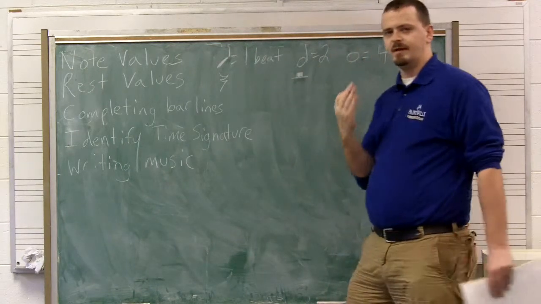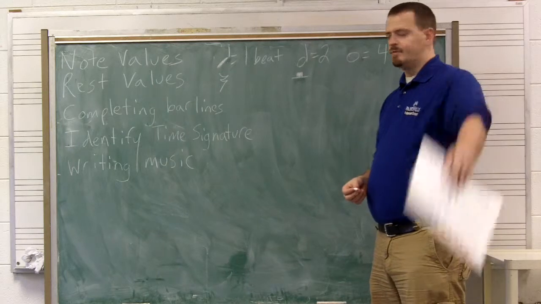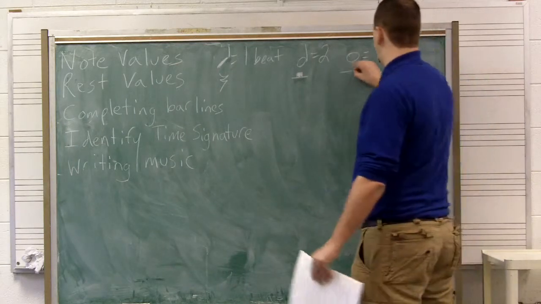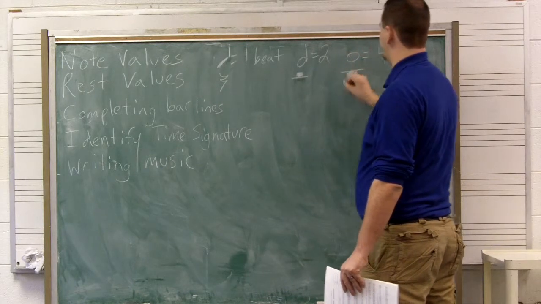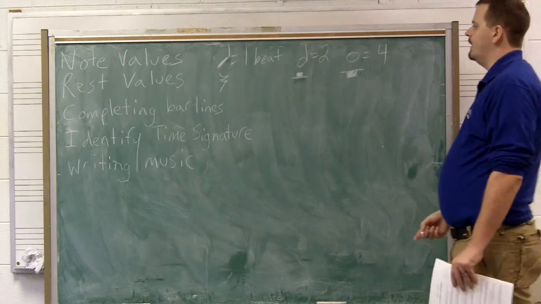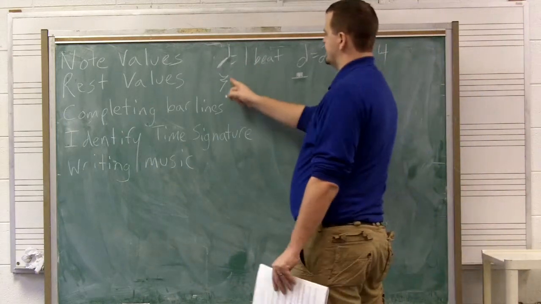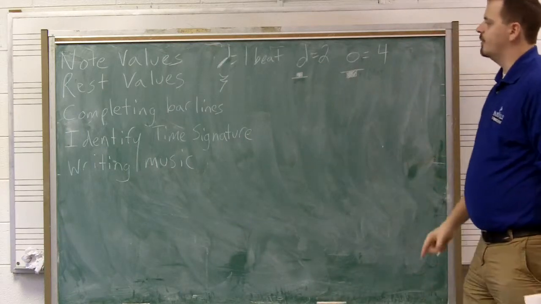I know there's a great deal of distance here, about 10 or 15 feet. And then the whole rest looks like this. I try to remember that by having a little man falling down into the hole. But each one of these are the same. This is worth 1 beat, 2 beats, 4 beats.